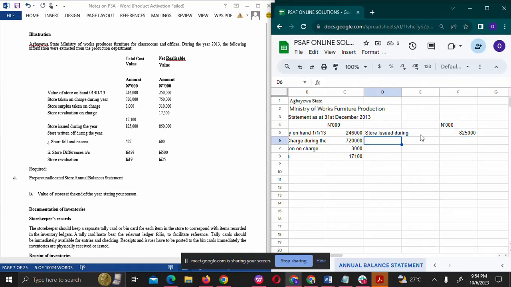The next thing we then have is store written off during the year, right? Once it is written off, it's going to reduce the balance, right?